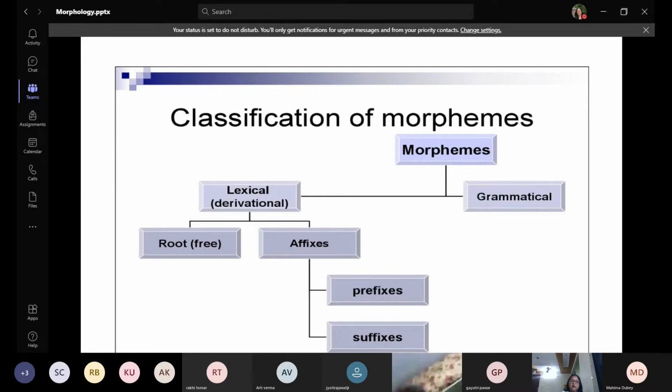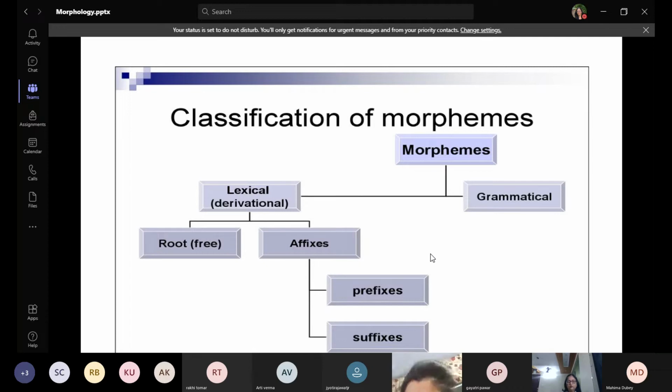When you attach something after the root morpheme, it becomes suffix. Beauty, beautiful. Beauty is a root word. It is a free morpheme. Then beautiful, full is attached. So full is a suffix. So that is a lexical morpheme.